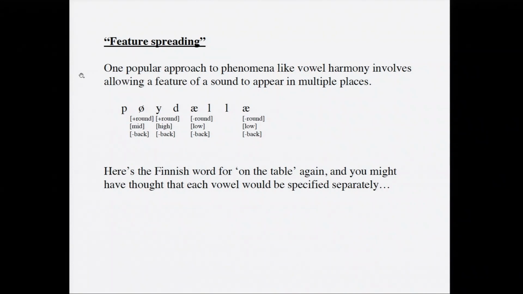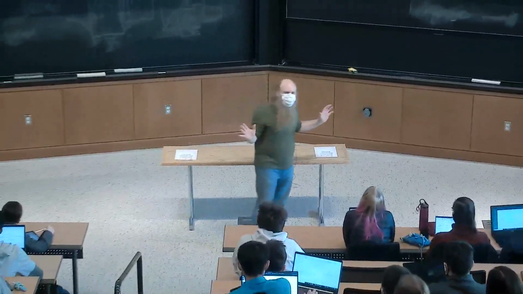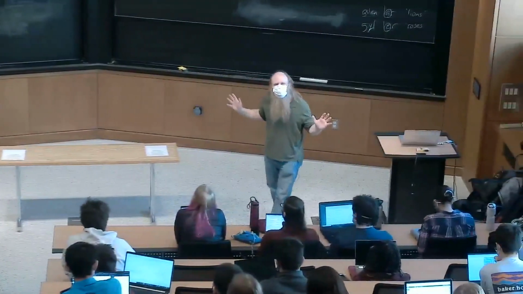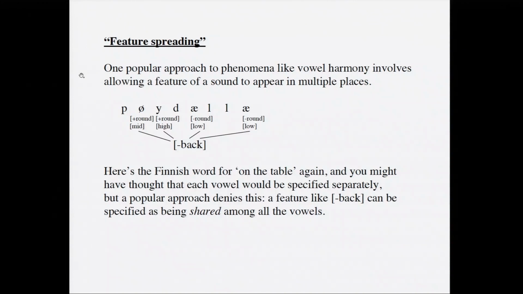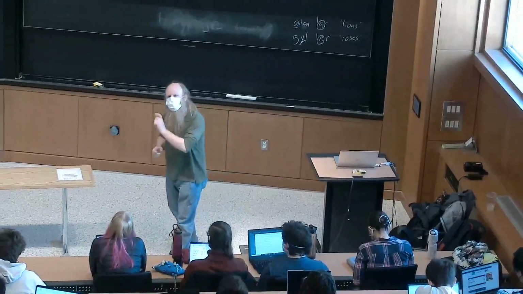But there's a popular thought about what's going on here, which is that Finnish wants the value of back to be shared among all the vowels. That is, you're just going to state it once. This is a word in which all the vowels are front, or all the vowels are back. So Finnish doesn't allow you to state over and over again, this vowel is front, and this vowel is front, and this vowel is front.